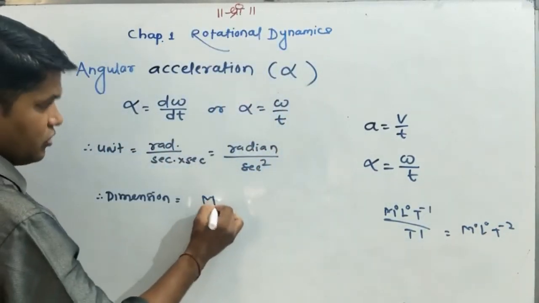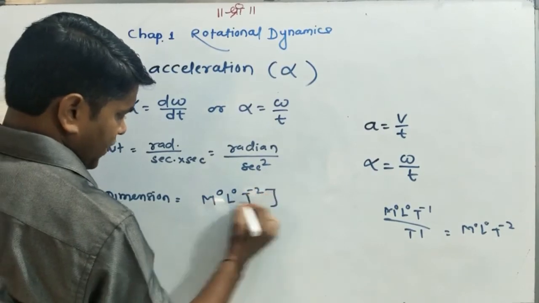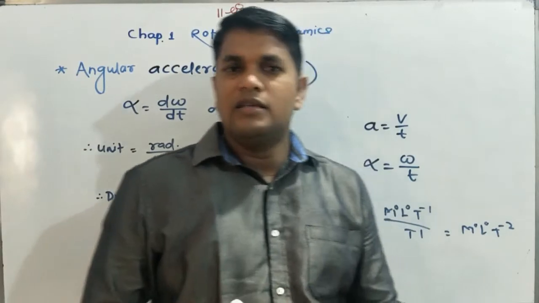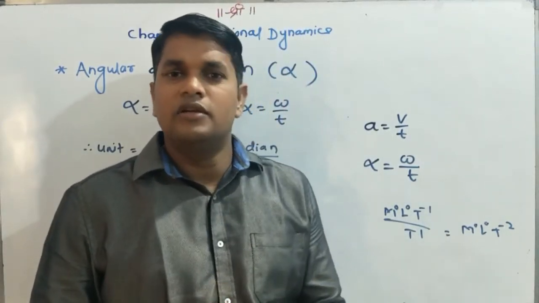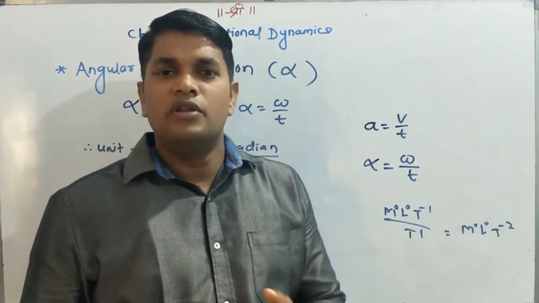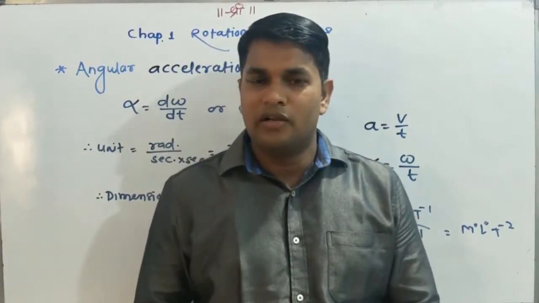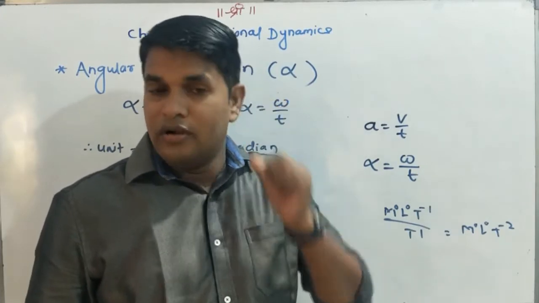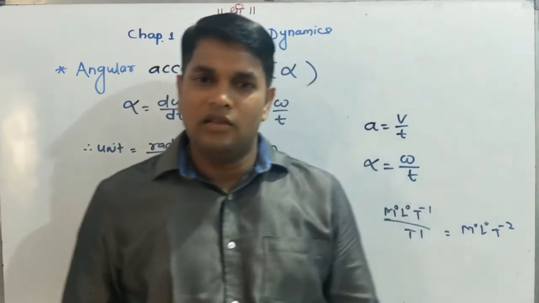So the dimension of angular acceleration is M^0 L^0 T^-2. Again, finite angular acceleration is a scalar quantity, but infinitesimal, very small, that is instantaneous angular acceleration, is a vector quantity. If angular acceleration is a vector quantity, it has direction, and again its direction is given by the right hand thumb rule.